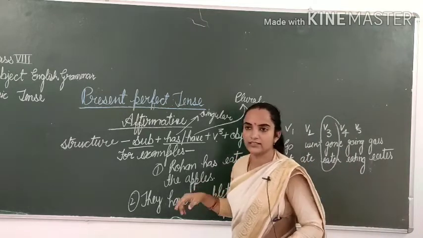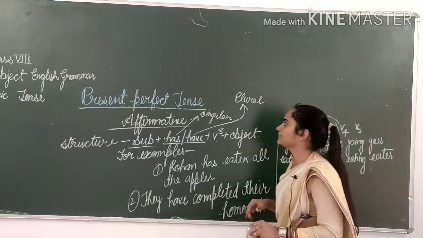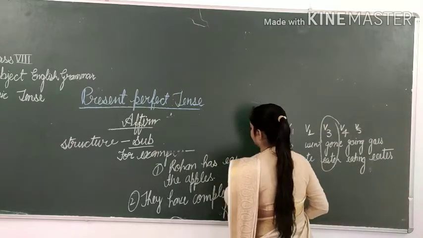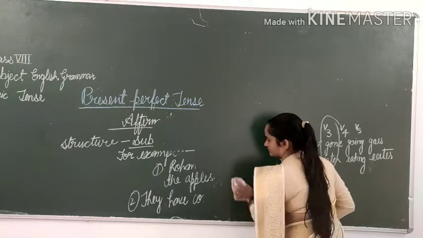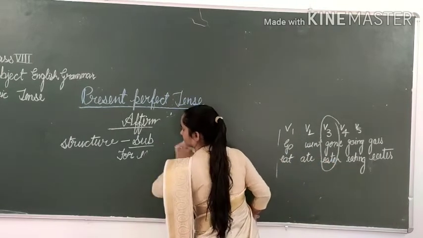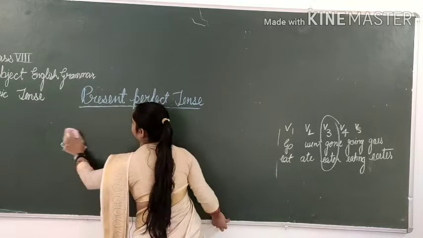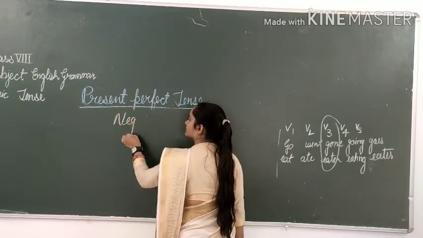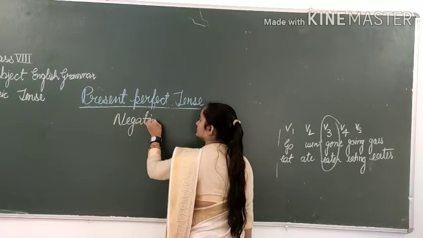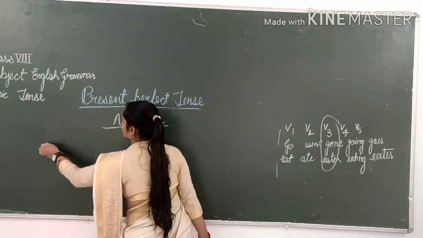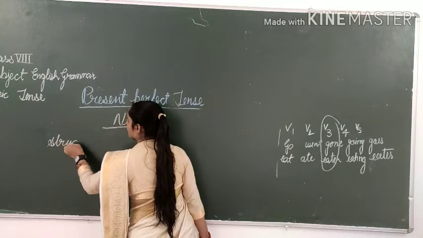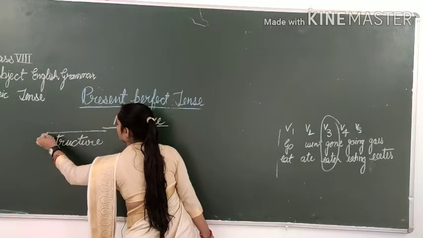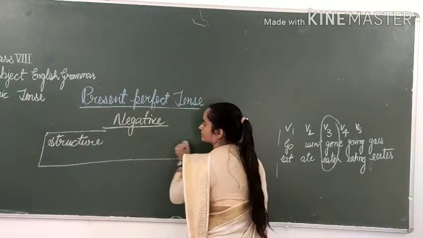Now we will learn the negative structure of present perfect tense. Negative structure. What will come first?